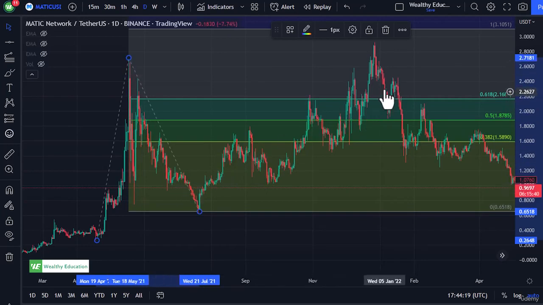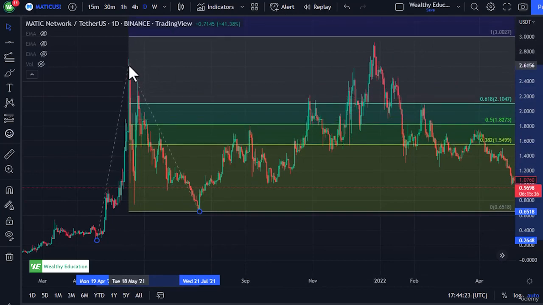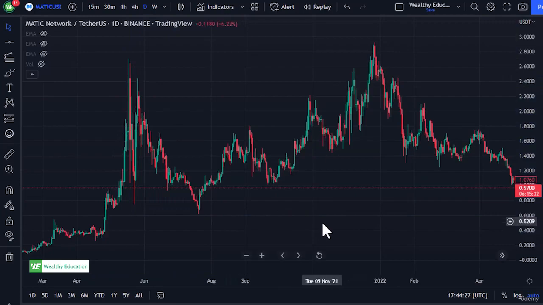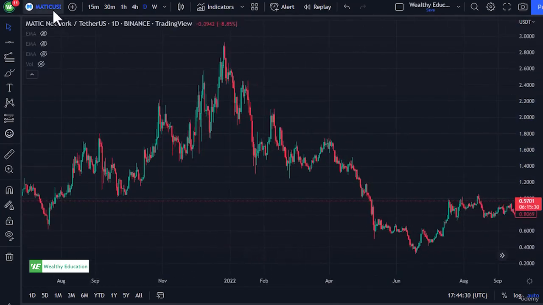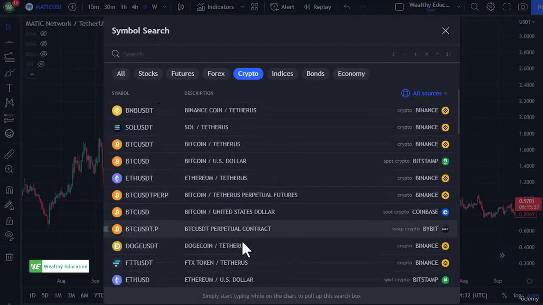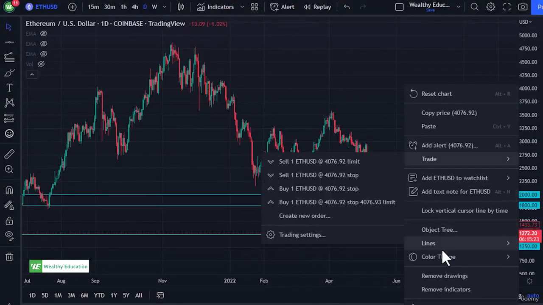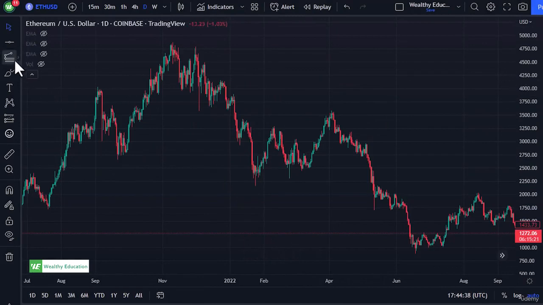So we extended, we got all the way up to the highs. And let me see here, find a cleaner example. Let's do the Ethereum markets. Get rid of the drawings.